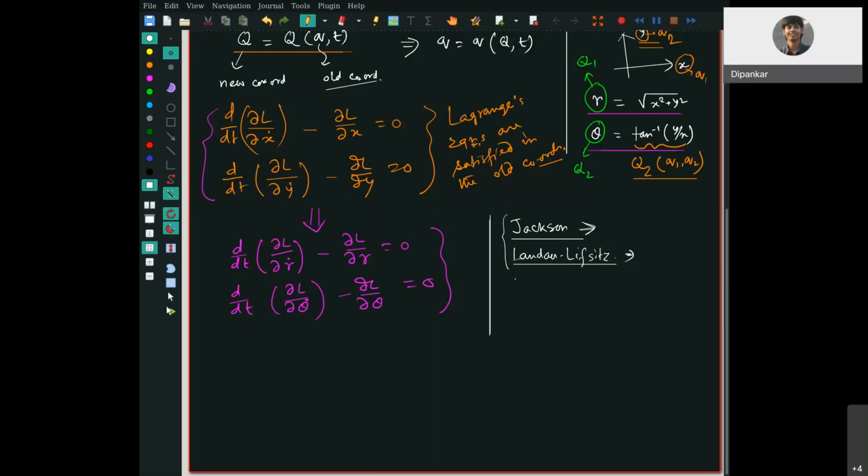There is a book. It is an old book, but nevertheless a great book. But for first timers, the notation would be a bit weird. The book by Panofsky and Phillips.